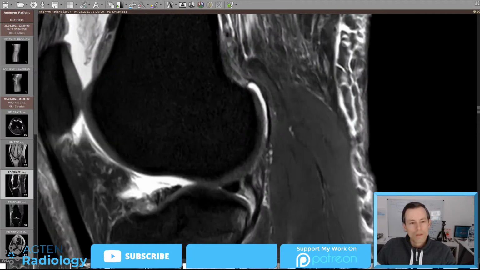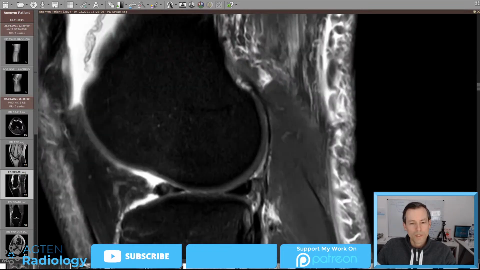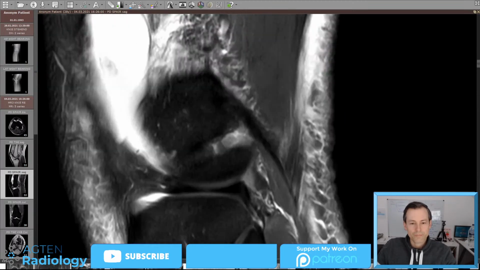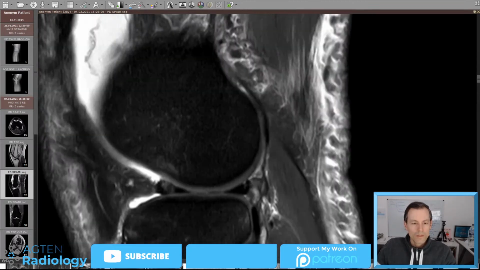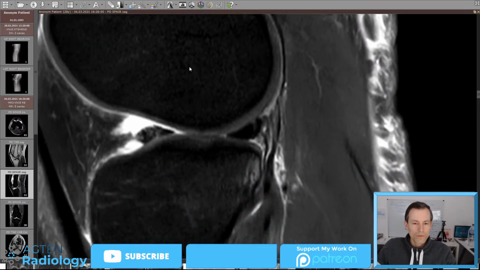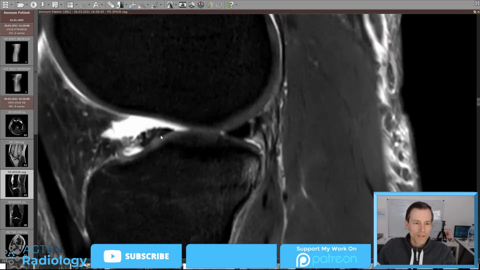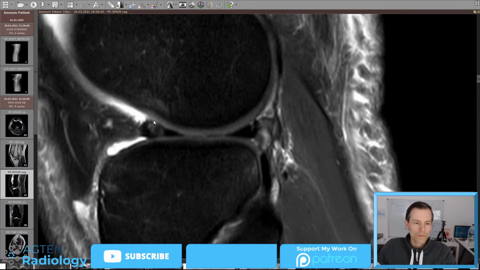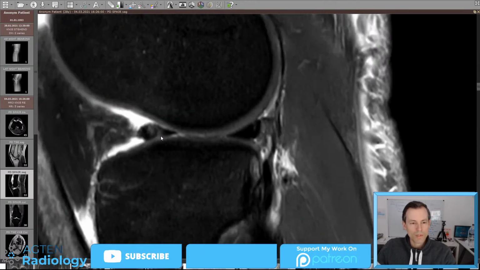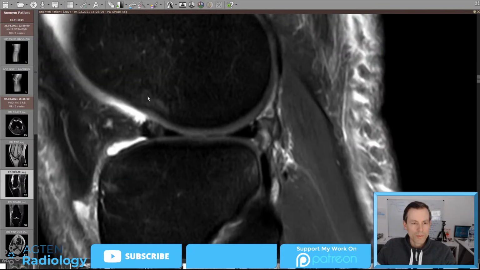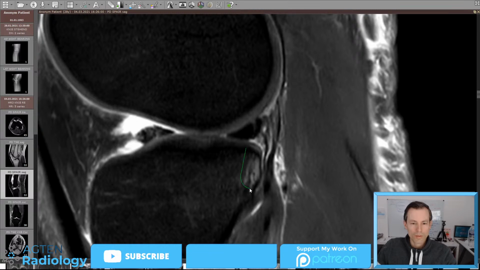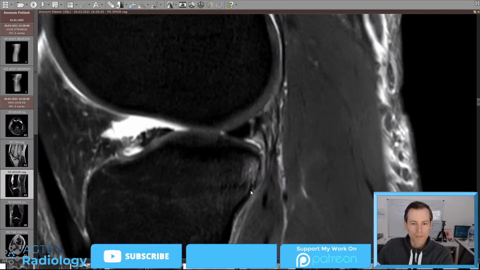Okay, make it big. Okay, so that's this finding here. Then we can see also these changes here in the anterior root or anterior horn. So it's not like an obvious tear, but it looks swollen, it's edematous, and we've got some corresponding edema, we have the typical bone bruising here, maybe even with this cortical fracture here.